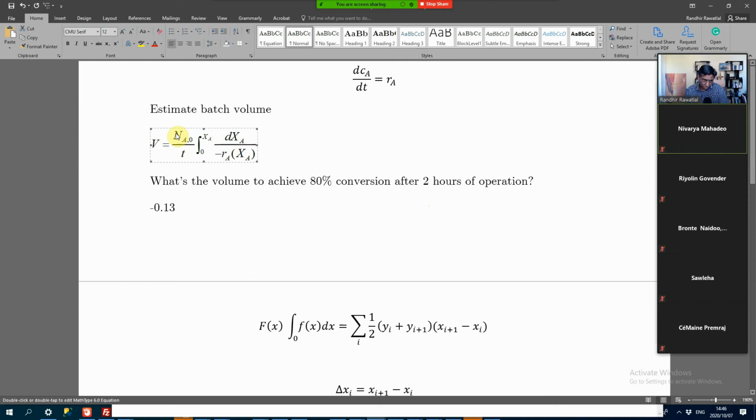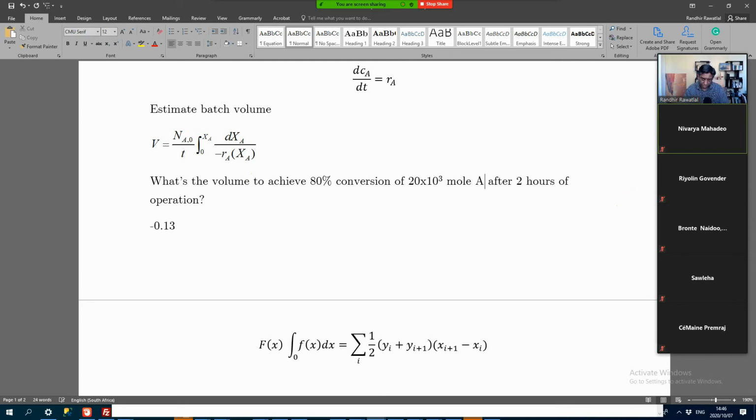And then N_A0, that's the amount that we have charged into the reactor. We do need to specify that. So what's the volume to achieve 80% conversion of, let's say, 20,000 moles, so 2 times 10 to the 4 moles of A after 2 hours of operation?